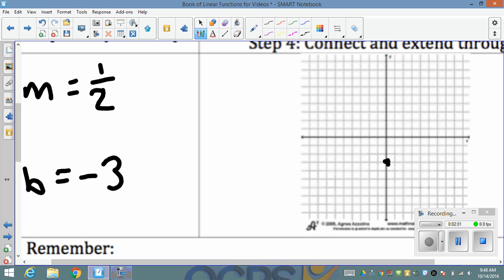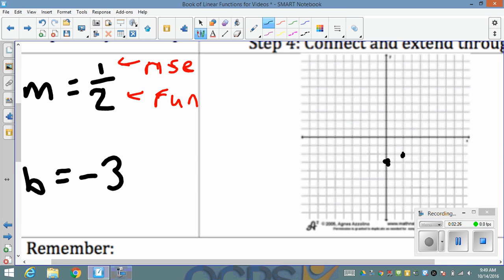Now, from that point, we are going to count out our slope. Remember, slope is rise over run. So I'm going to count up 1 and to the right 2. That's going to put me right there.